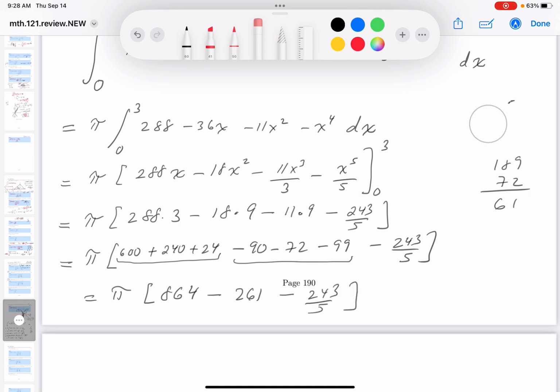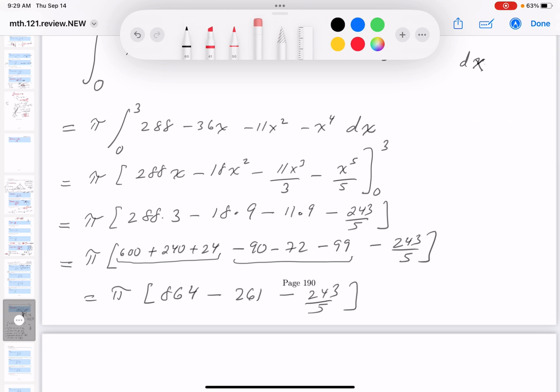I like to check as I move along because I don't want to make mistakes. I know it's negative 90, minus 99, minus 72. But I'm just going to add together and take the sign to be negative. So 90 and 99 is 189. And then I'm adding a 72. I'm just checking myself. 2 and 9 is 11. That's going to give me 261. I'm pretty satisfied with that.